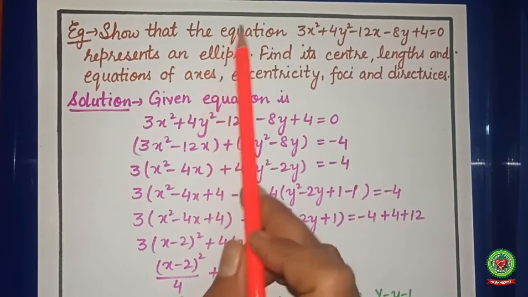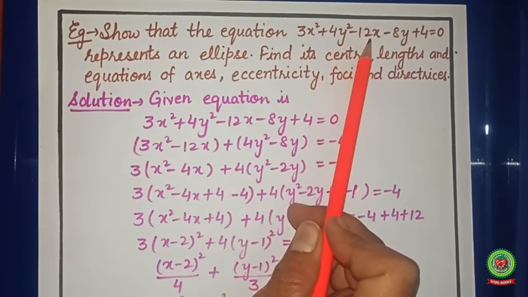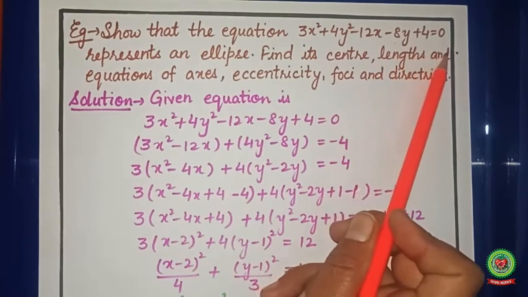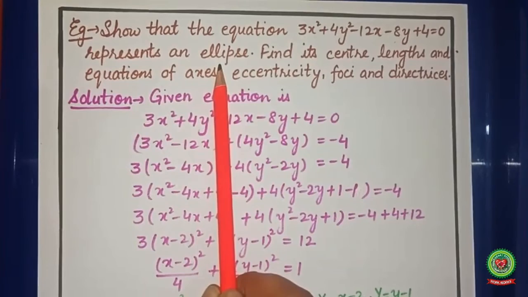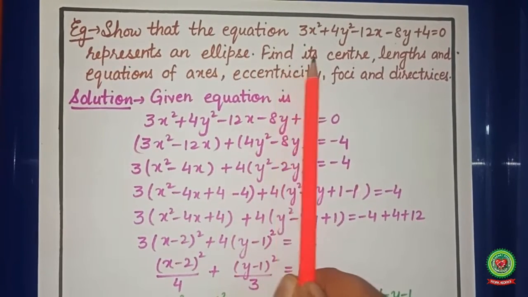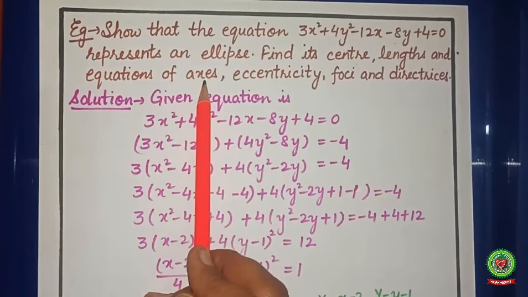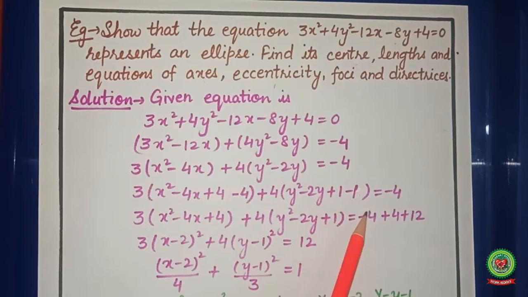Show that the equation 3x square plus 4y square minus 12x minus 8y plus 4 is equal to 0 represents an ellipse. Then find its center, length and equations of axes, eccentricity, foci and the directrices. We have to find all these.